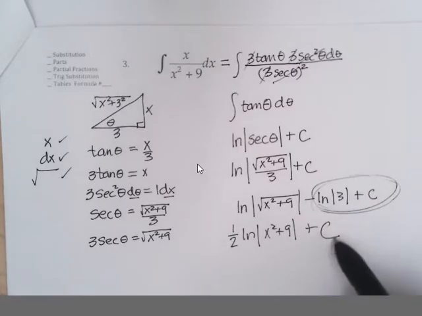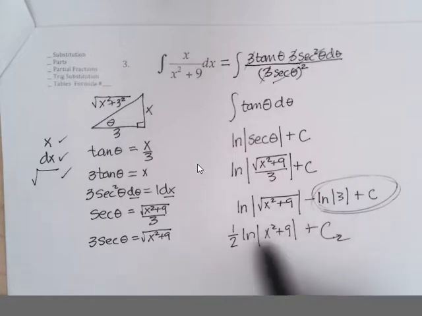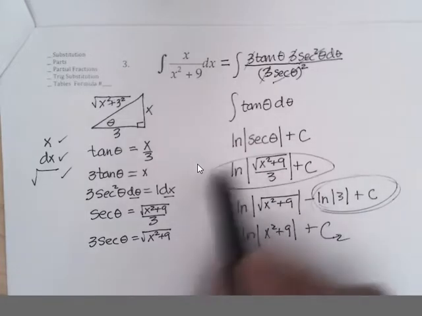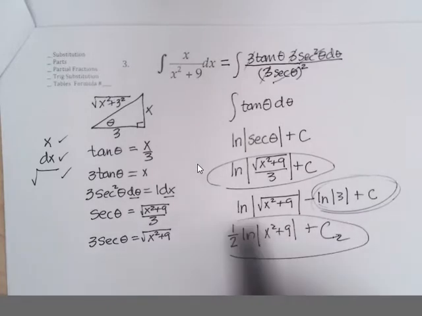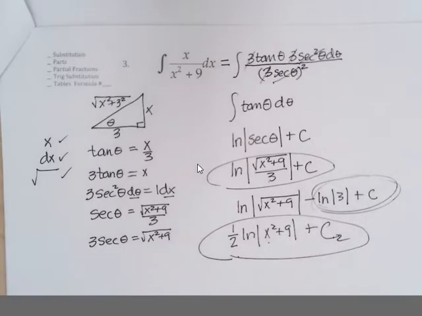These become a new c, a different c. I'll call it c2 or something. And the square root becomes out as a half. So that's how this and the answer you get from substitution match up if you did it with substitution. Okay?